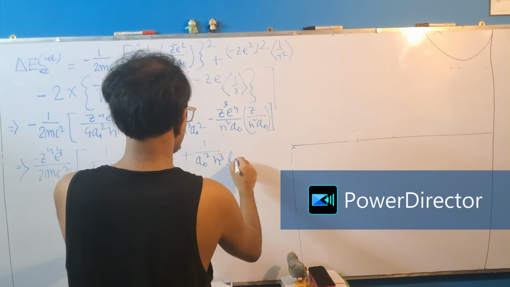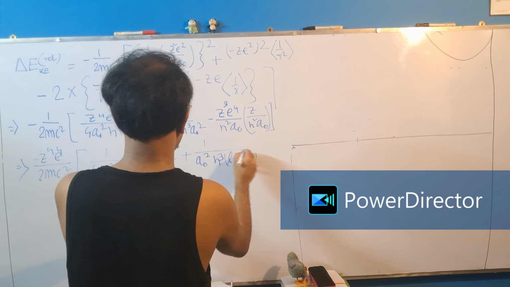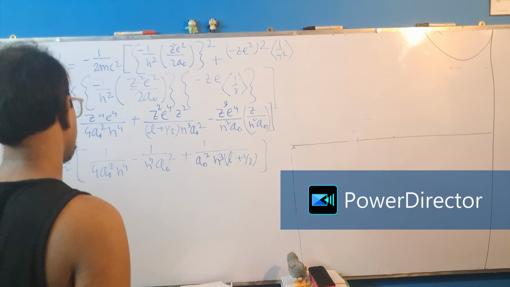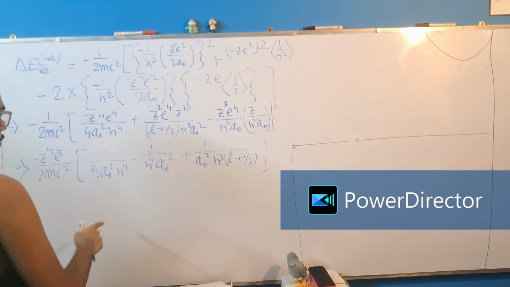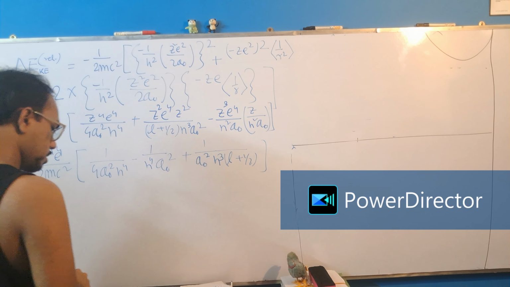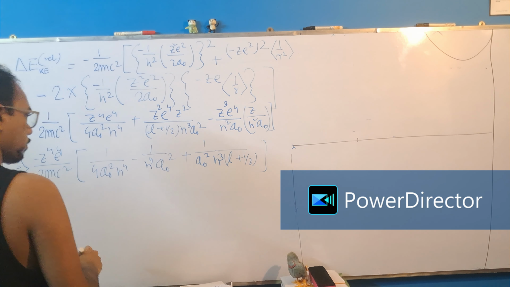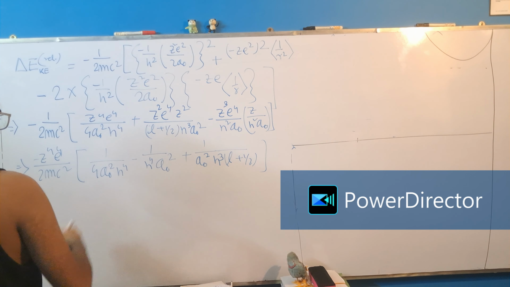Okay, fine. So this is l plus half. So you can see that this is 1/4 minus 1. This will give me a minus of 3 by 4 n to the power 4.